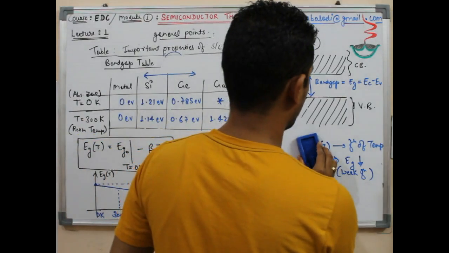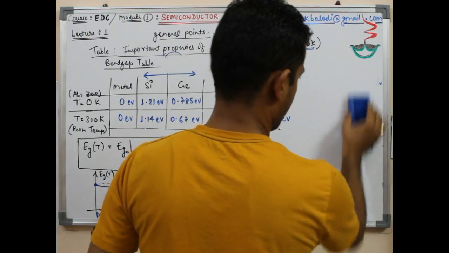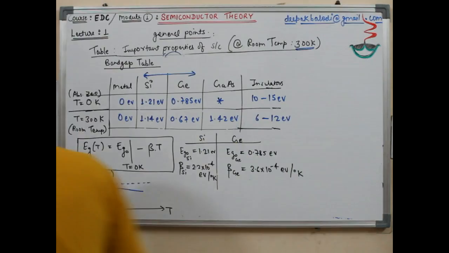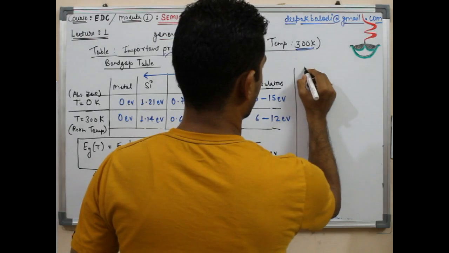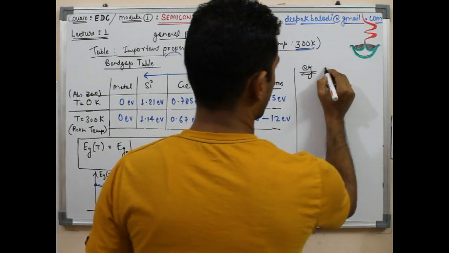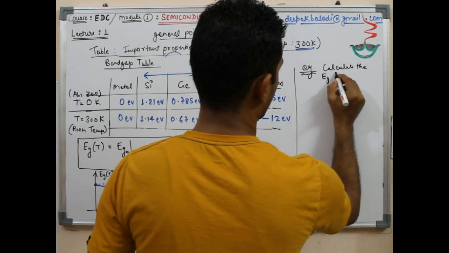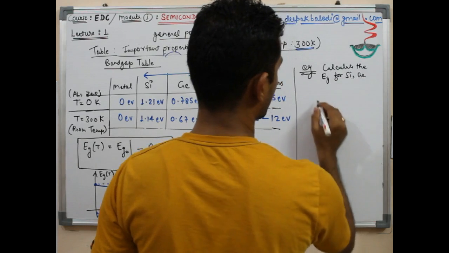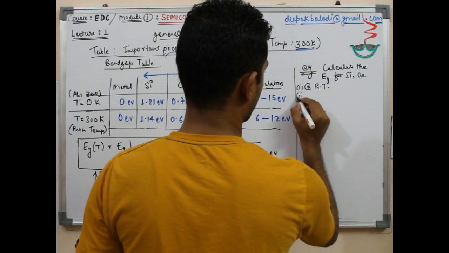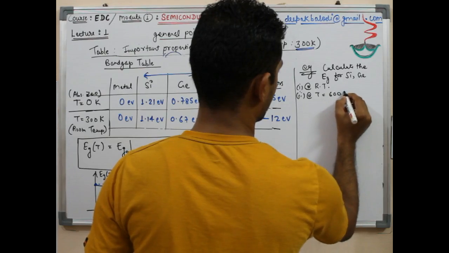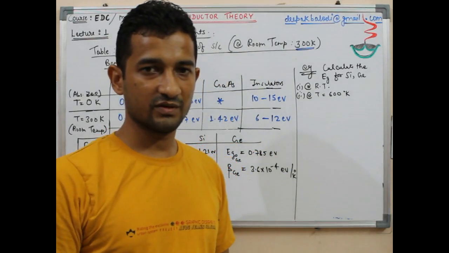Let me take one example here itself. Let us calculate the band gap Eg for silicon and germanium both at room temperature first, and at T equals 600 degree Kelvin, using the formula we have just described.